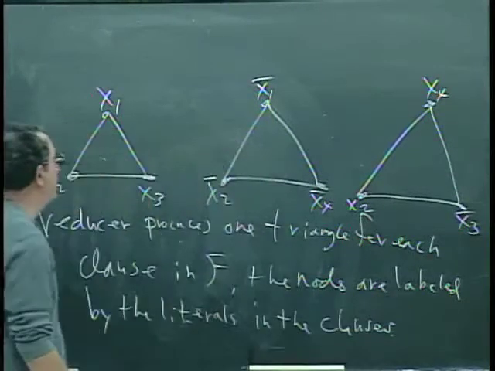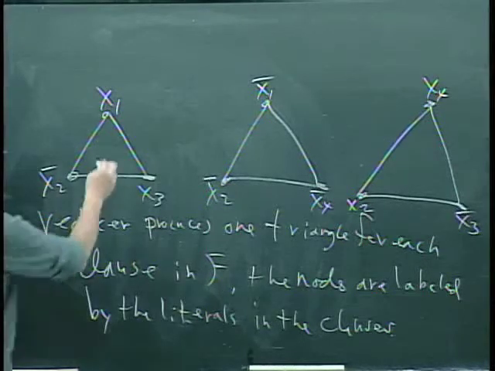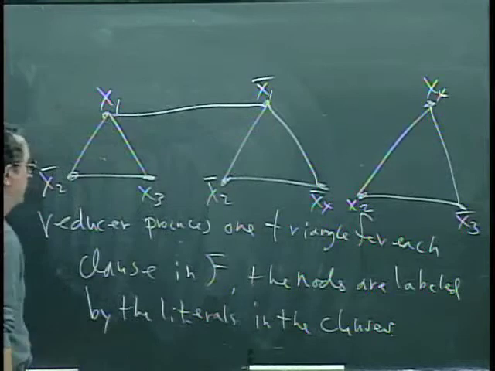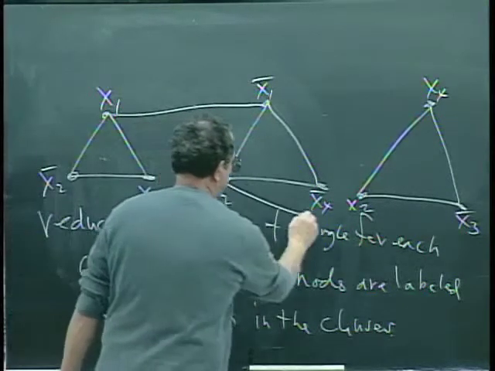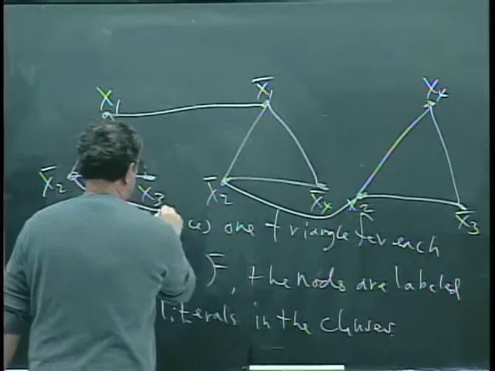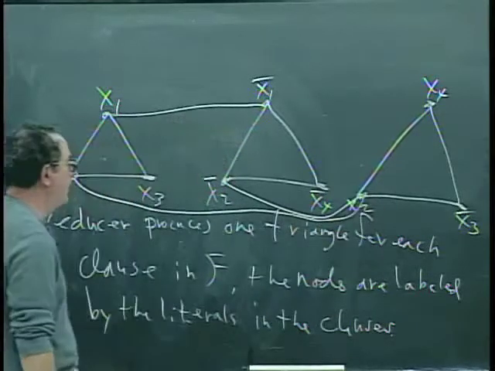Okay? And then what we're going to have is an edge between any two nodes that are labeled with complementary literals. So x1 and x1 bar, there's an edge there, and x2 and x2 bar there, and this is going to get a little messy. There, okay?